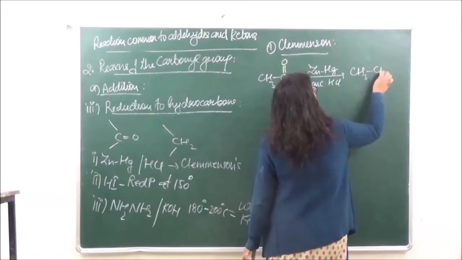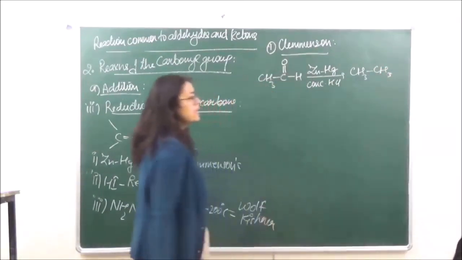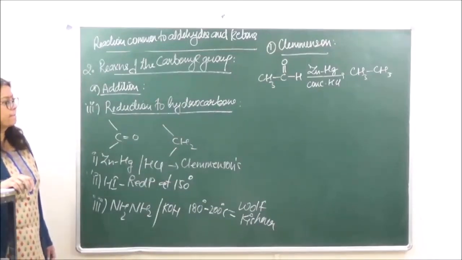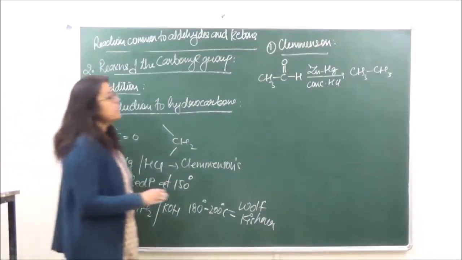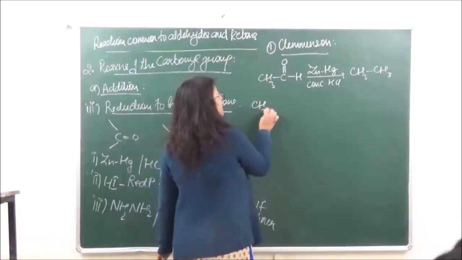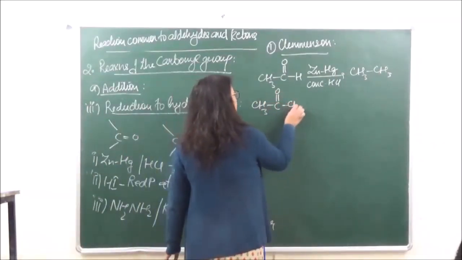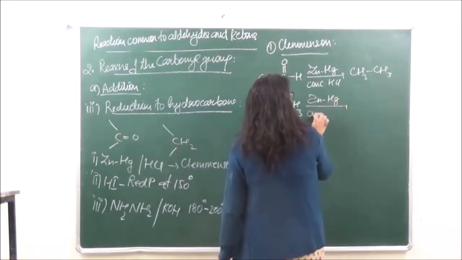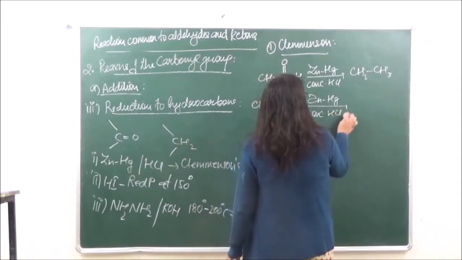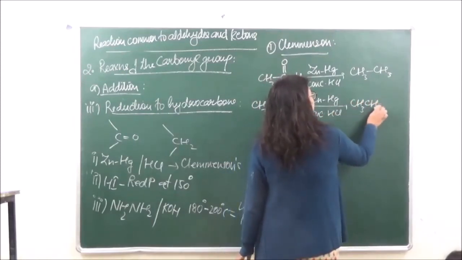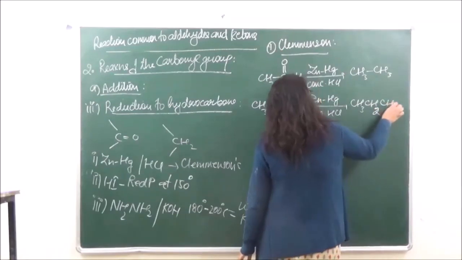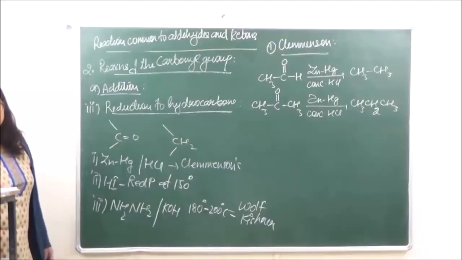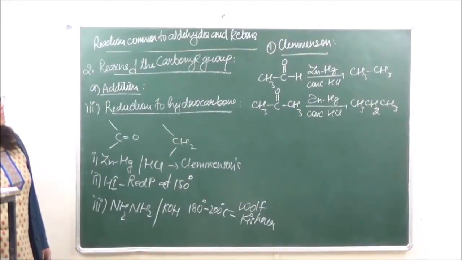So we will get CH3 and CH3. Okay? And if you're taking a ketone over here, then again we will get a hydrocarbon with the same number of carbon atoms as present in the reactant. Both are going to be converted into this thing.